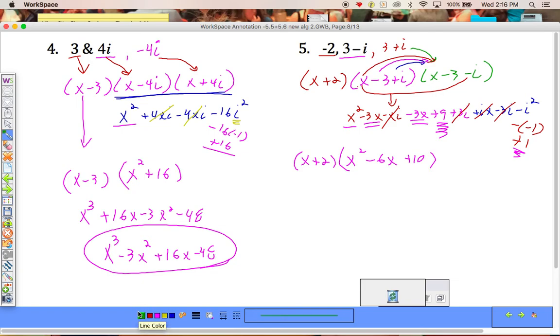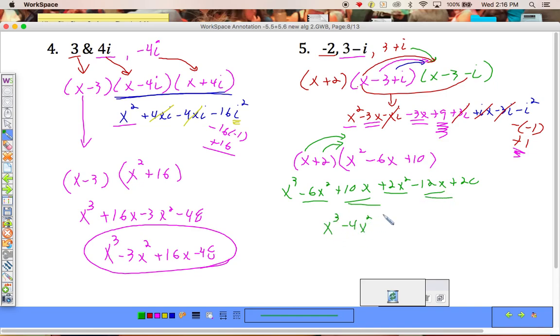FOIL again. x times the back and 2 times the back. Like terms. x to the third minus 4x squared minus 2x plus 20.